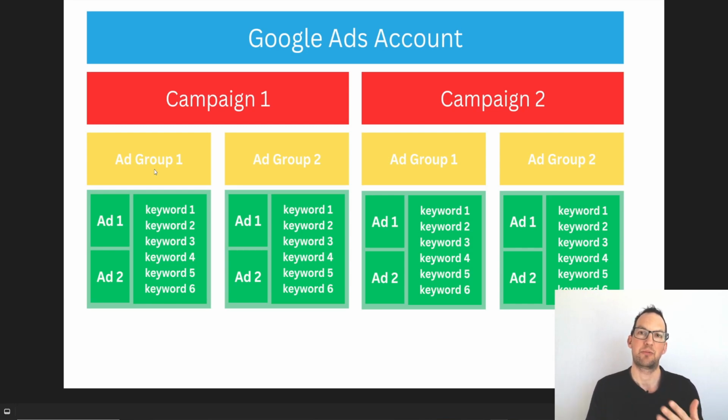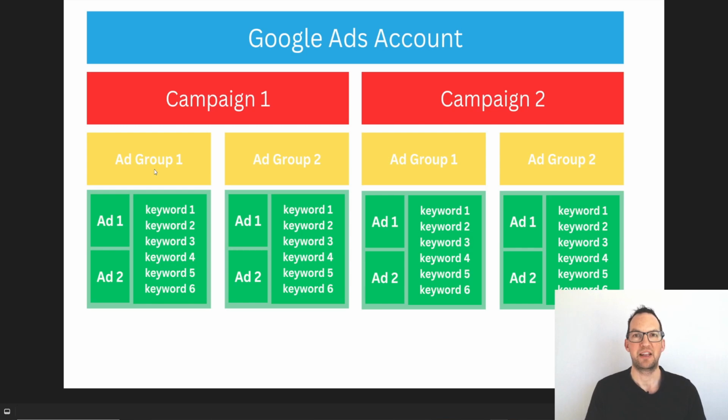So we really want to have an ad that says dental checkup in it rather than just a general ad. We want to be really specific as to the keyword that the user has actually typed in. And the other thing that this allows us to do too is to have a specific landing page. A landing page is the page that the user will get taken to once they click on your ad.